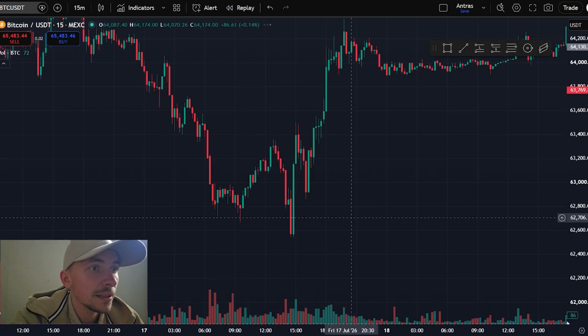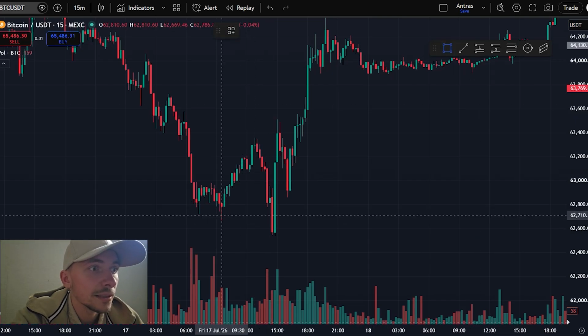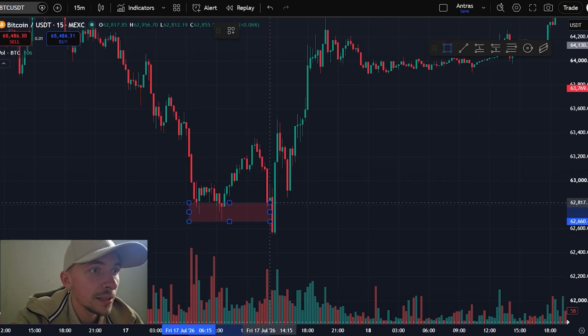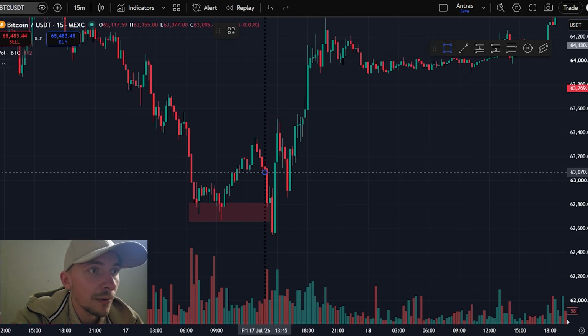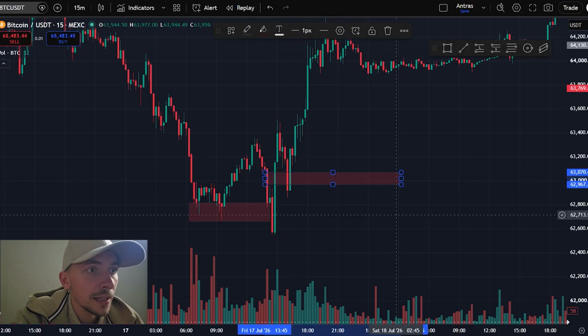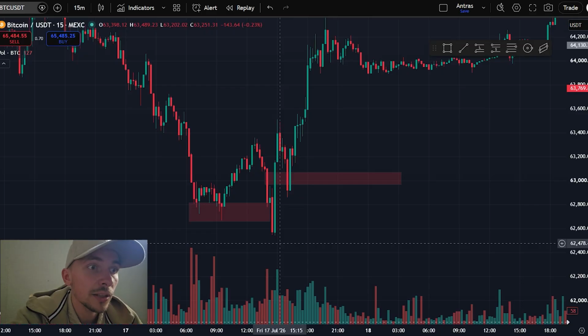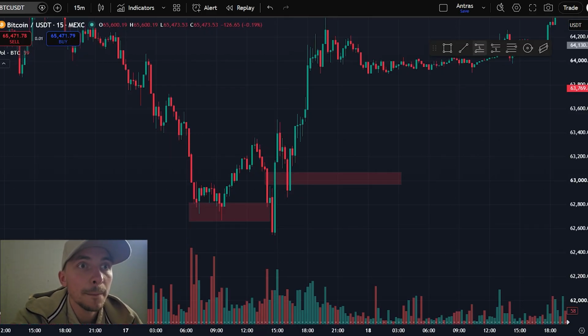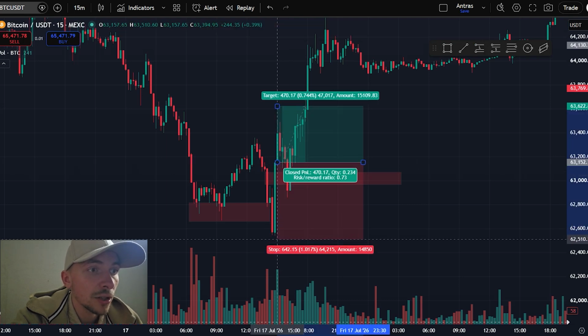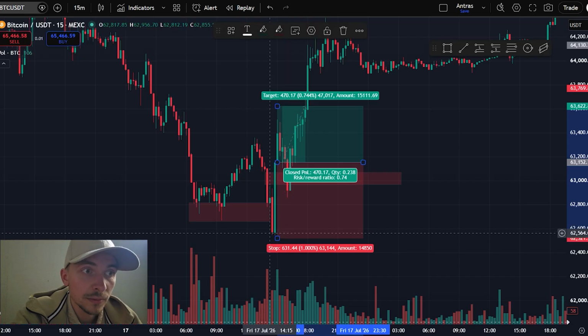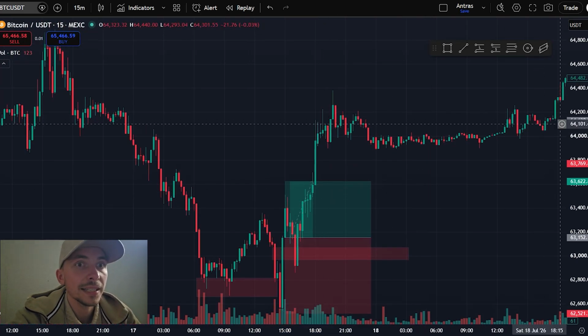Now let's try to look for an example real fast. Oh yeah, look at this, it was bouncing a little bit, liquidity was taken, we have our fair value gap, and after that we were looking if it's respecting or not, but the green candle goes all the way out. We can enter the trade after the candle closes, putting our stop loss below the liquidity grab and targeting something.